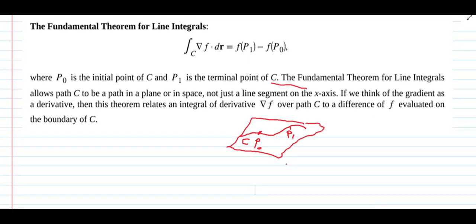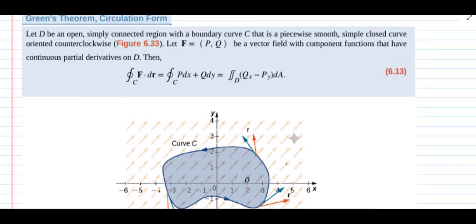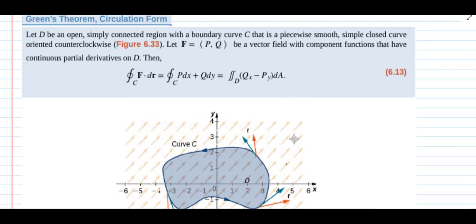And after, I want to present Green's theorem. We actually have two forms of Green's theorem. The first is the circulation form, and the other is the flux form.